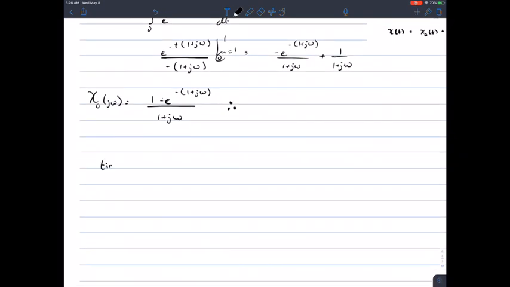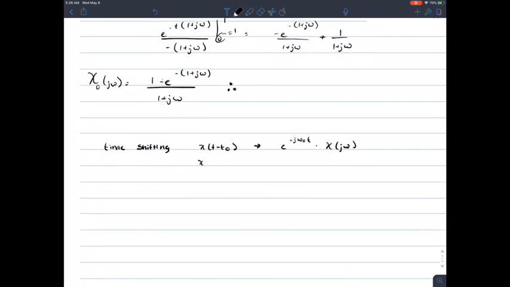So, time shifting, I'm so sorry, that's ugly. Time shifting, okay, when x of t minus t naught happens, when you go to the Fourier transform, it turns into e to the negative j omega t naught times the Fourier transform.